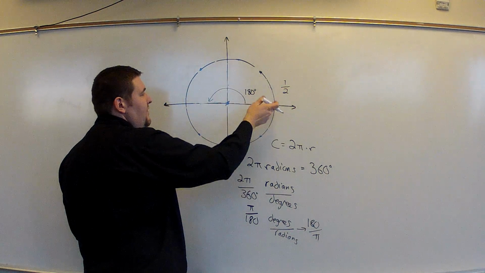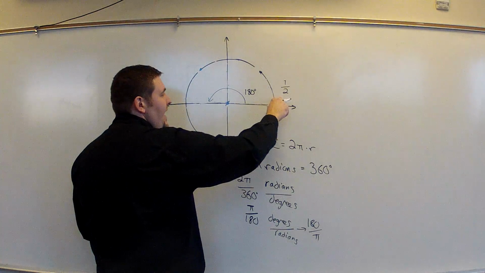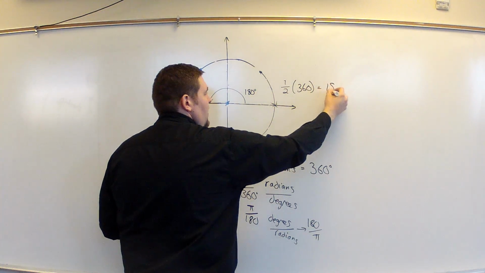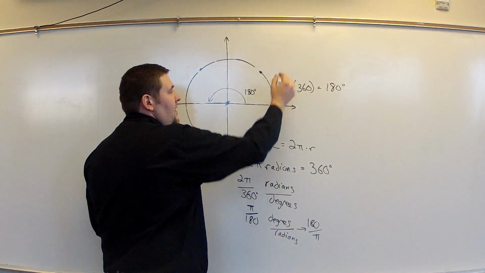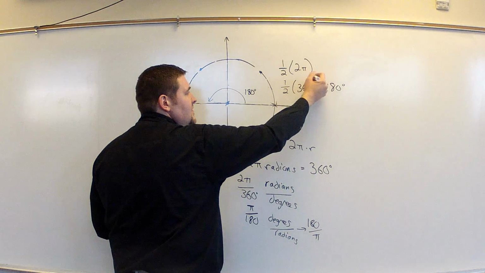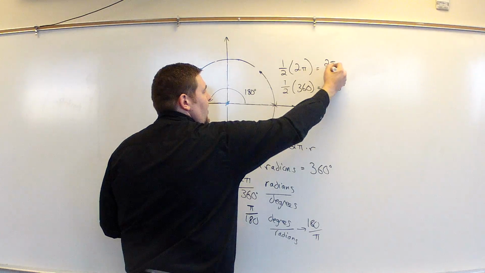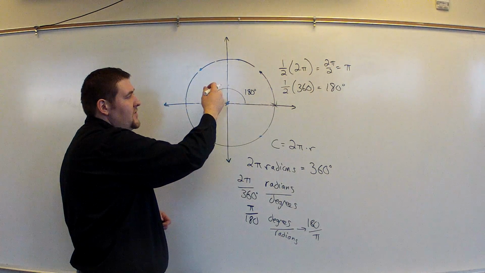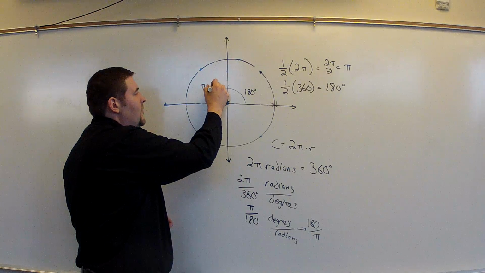Half of a revolution, revolution being all the way around the circle, half the revolution means I'm at half of 360 degrees, which is where the 180 degrees comes from. But I also could say that I'm at halfway around a circle, I'm half of 2 pi radians, which is equivalent to 2 pi over 2, or pi radians. So in half of a circle, we have pi radians.